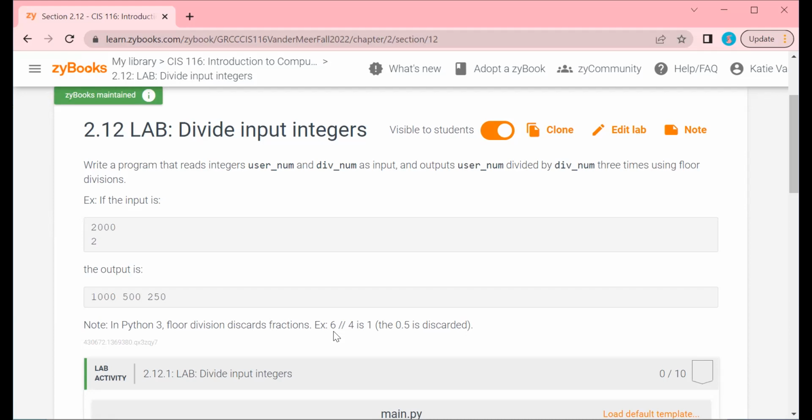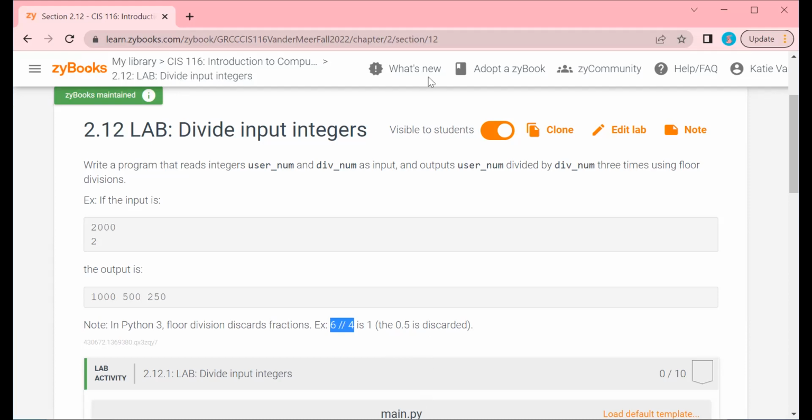So if you do 6 floor 4, like an example right here, you take 4 and divide that into 6, that comes out to 1, and then you have 2 left over. So the half of that, shown as a fraction, is then discarded.